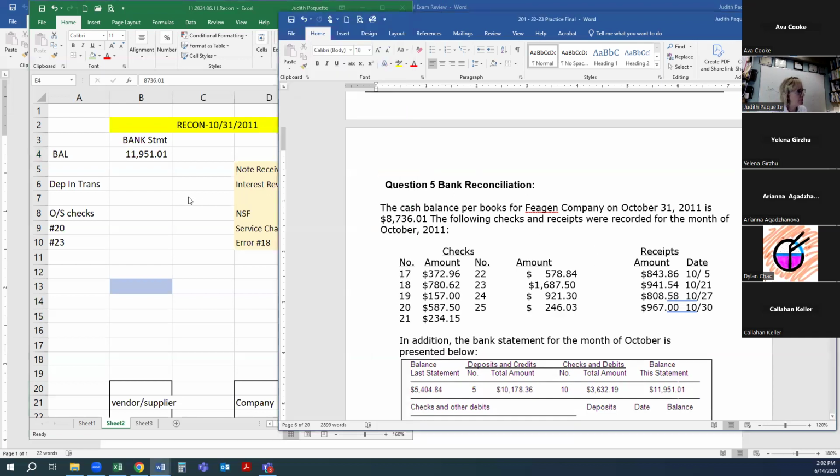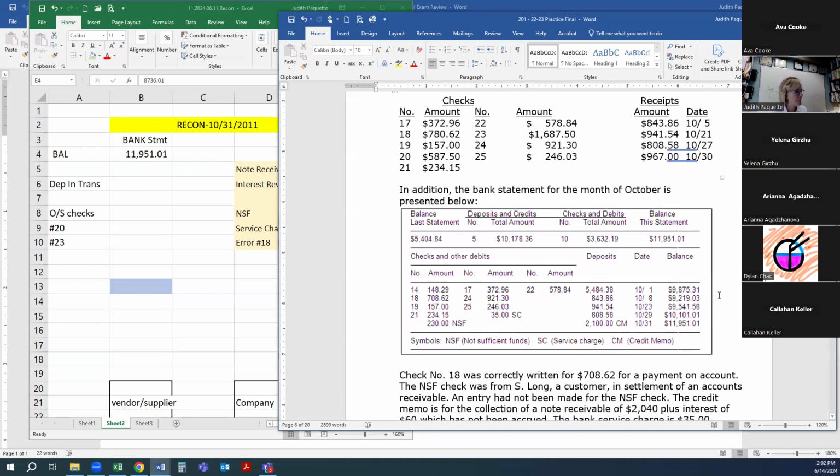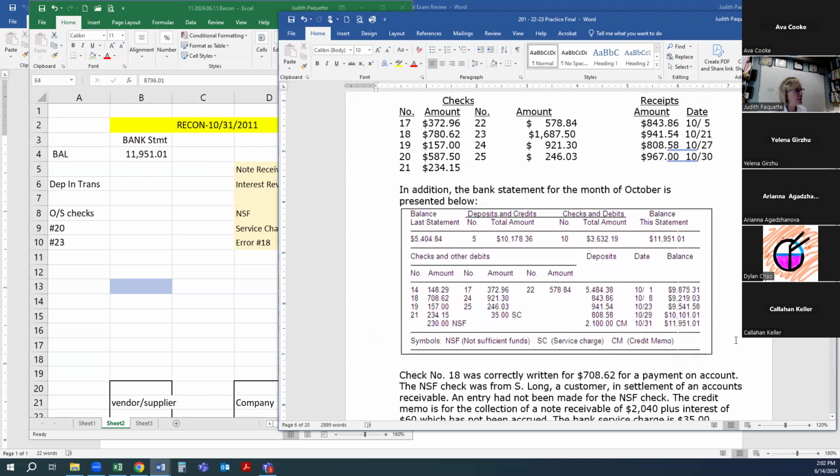All right, now I would say jump to the bank balance, just get that started. So do we see the bank balance anywhere in here, guys? Where do you find it? Put it in the chat or call it out for me. Where do we see the bank balance? So the bank is going to tell us this is what you had in the bank at the end of October.